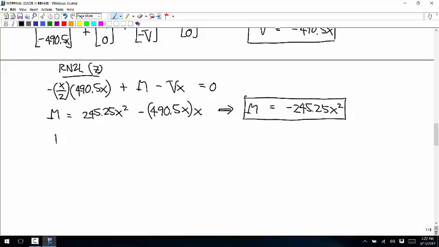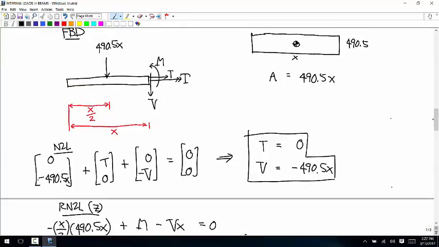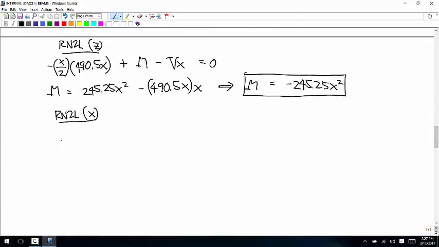And then the last one we have to do is rotational Newton's second law about the x-axis. Nothing's going on in this problem about the x-axis. So what's producing torque about the x-axis? None of the external things are. The only thing that is is that internal torque T. So we just have that torque is equal to 0.